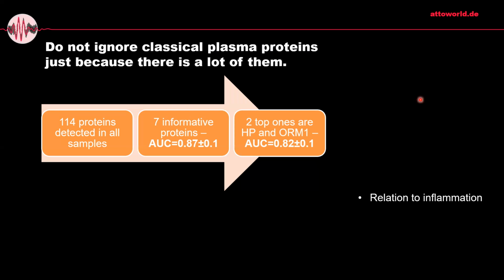However, we identify a pattern, right? We see a certain pattern of changes. This one is going up, that one is going down. The question is how unique that pattern is to lung cancer, or to different cancers, or to inflammation processes in general. This question is still to be answered, or we are in the process of answering it, actually.